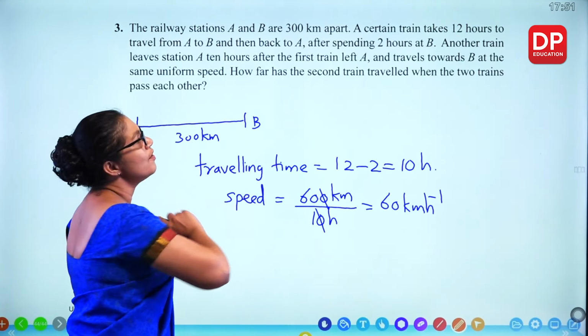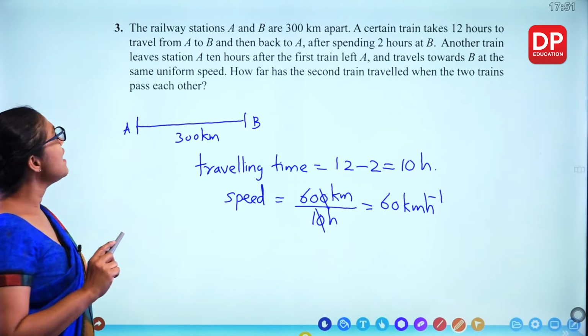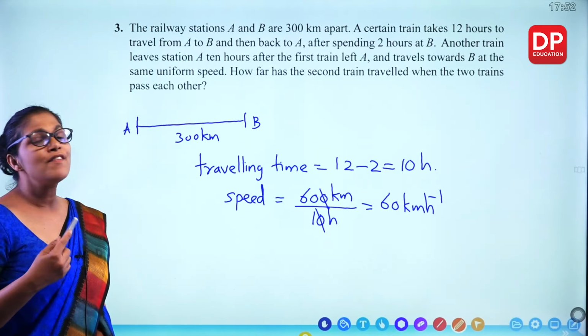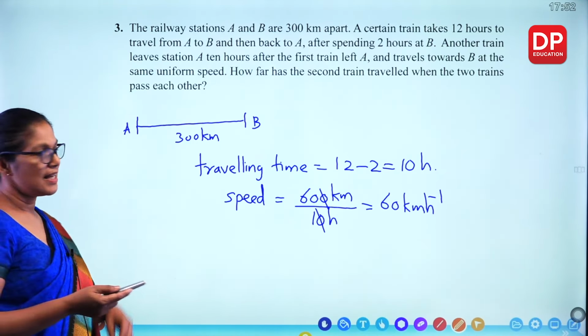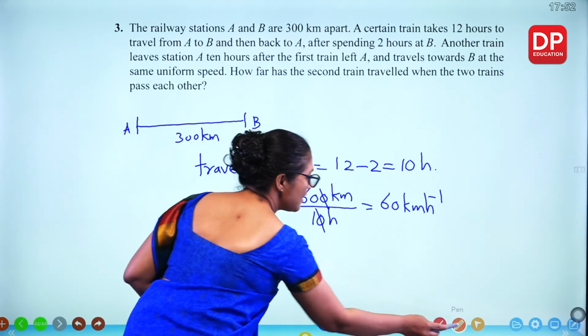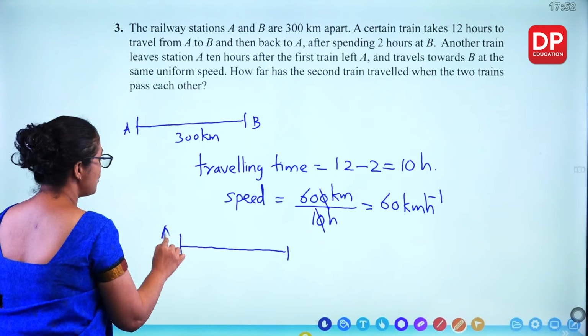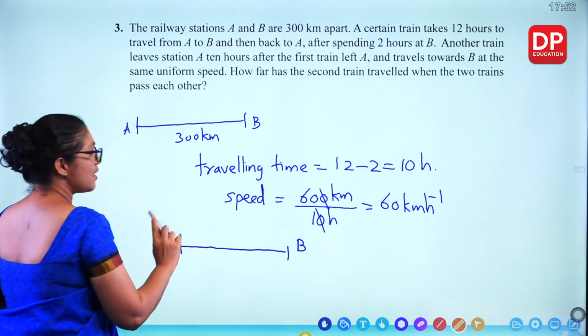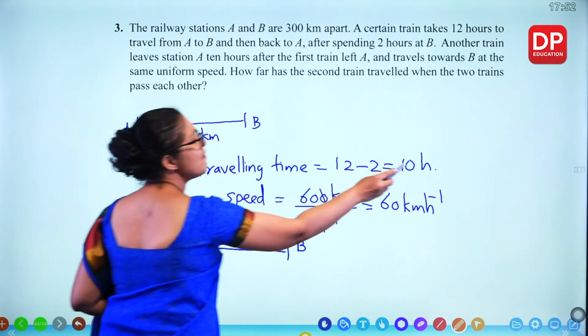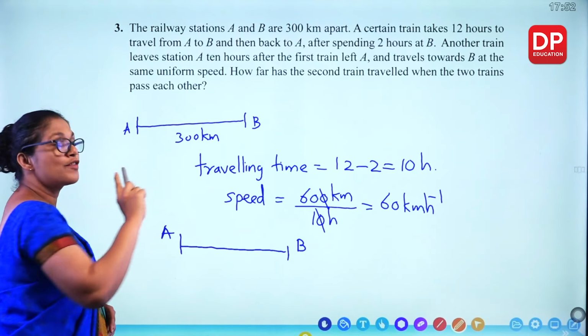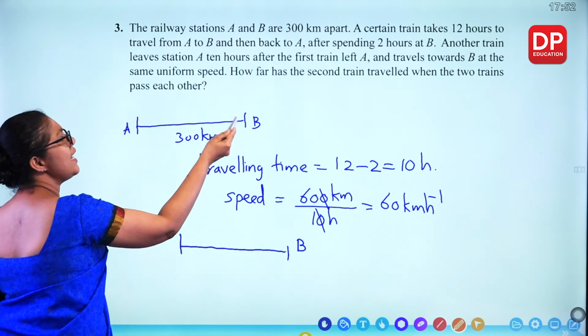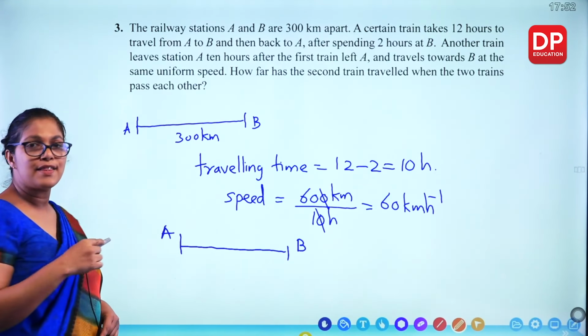Now look at the other one. Another train leaves station A 10 hours after the first train. Earlier, 10 hours of traveling both ways means 5 hours one way, the other 5 hours the other way.